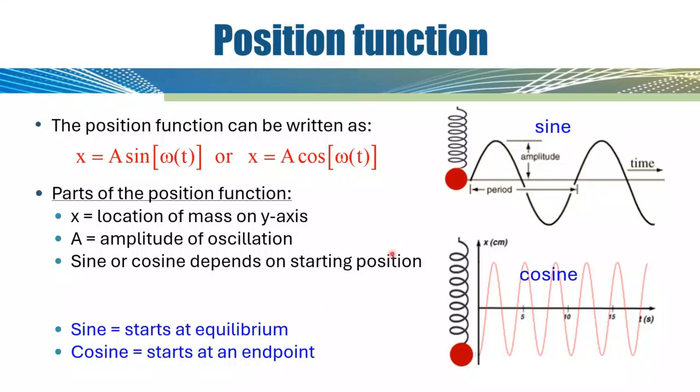If the graph is starting at equilibrium, we're going to use the sine function. And if my mass is at a negative endpoint or a positive endpoint, I'm going to use the cosine version. And then omega is angular frequency, which we're going to calculate, and it's going to be equal to 2 pi times the frequency.